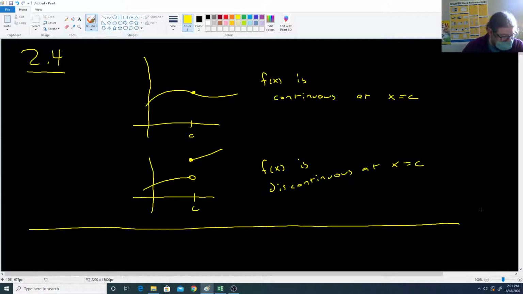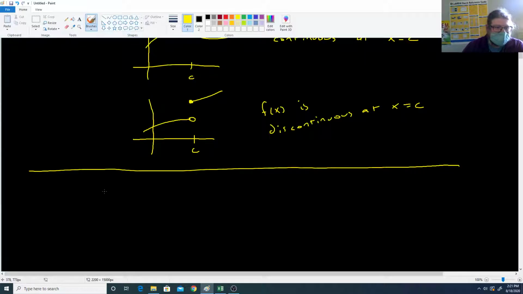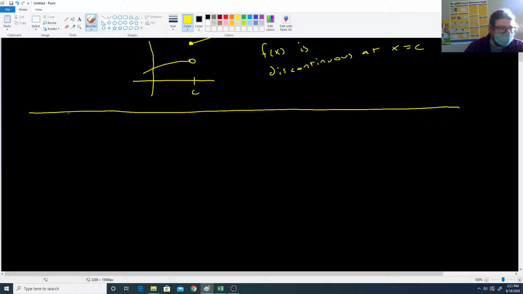So first we need to define what does it mean to be continuous. So we're going to define continuity. So we'll say definition, continuity at a point.